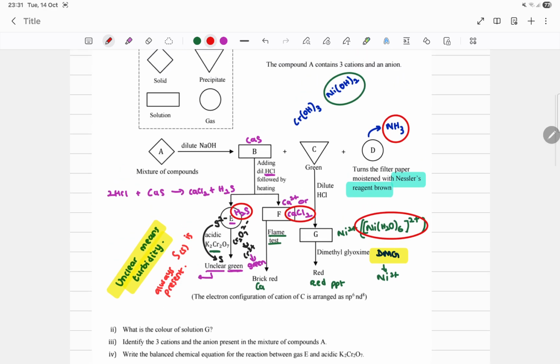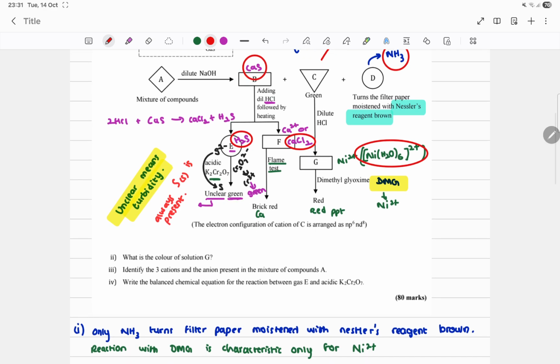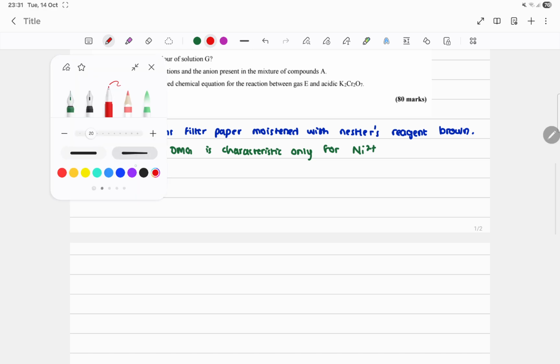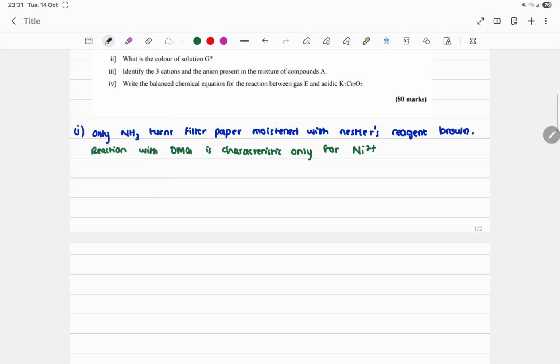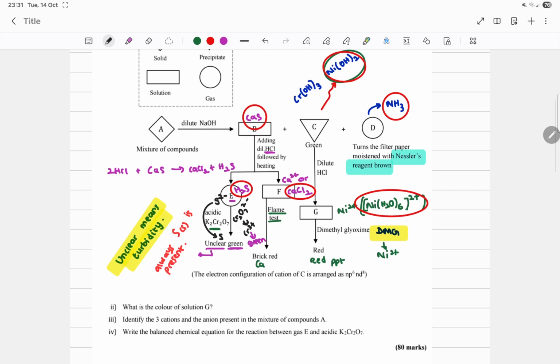Then C is nickel hydroxide, which is a green precipitate. Then B is calcium sulfide. Everything is done now. Let's write the answers. B, CaS.